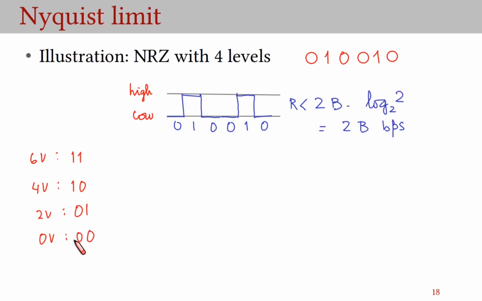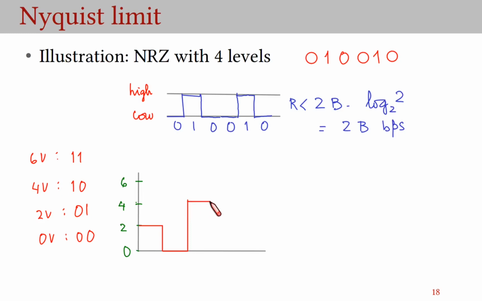Then our NRZ encoding of this bit sequence is going to look like, so first we will encode 0 1 and that is 2 volts, so the first 2 bits are encoded like this. Then the next pair of bits is 0 0, right? So next is the lowest level, and then the third pair is 1 0 and that would go to 4 volts.